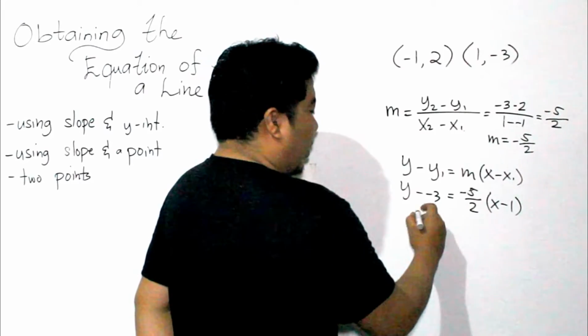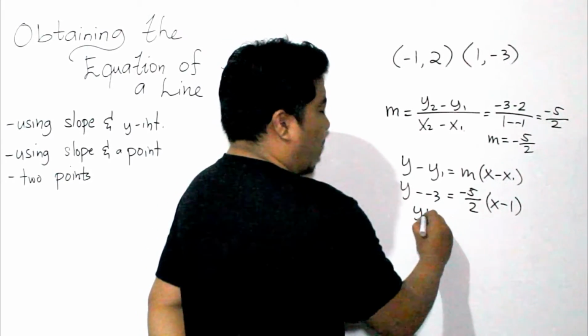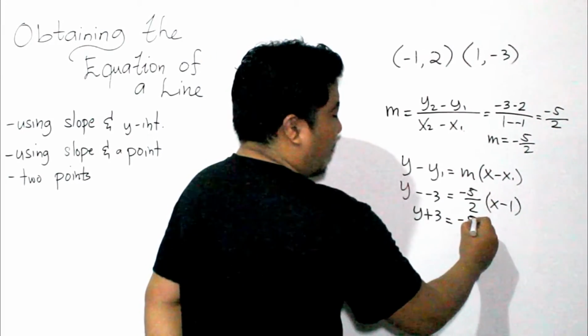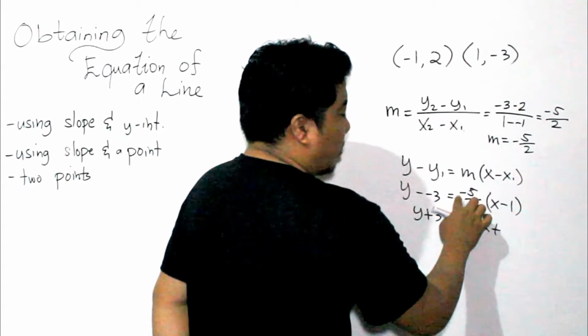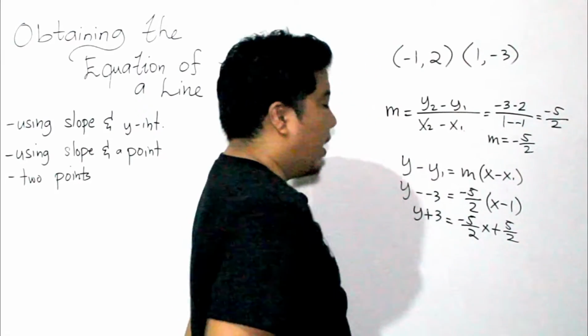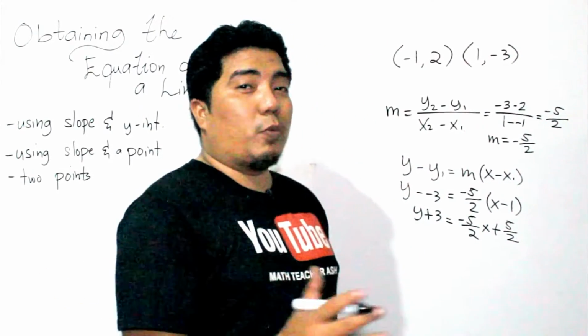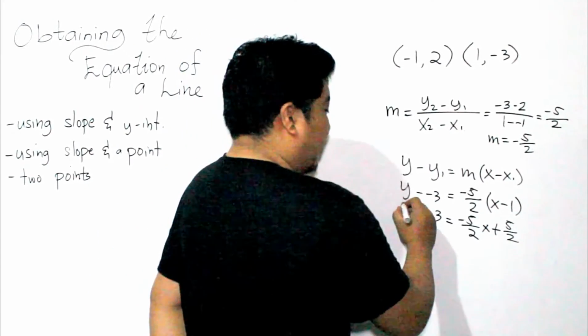So right now, 2 negatives or 2 subtractions will become plus, so y plus 3. And then we distribute this one, so that is negative 5 over 2 x plus, because negative times negative is positive, 5 over 2. Now remember, as what I've said earlier, if you encounter fractions in your equation, multiply the whole equation by its denominator.